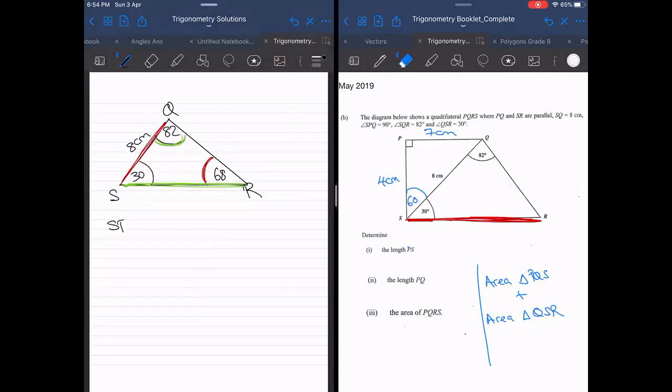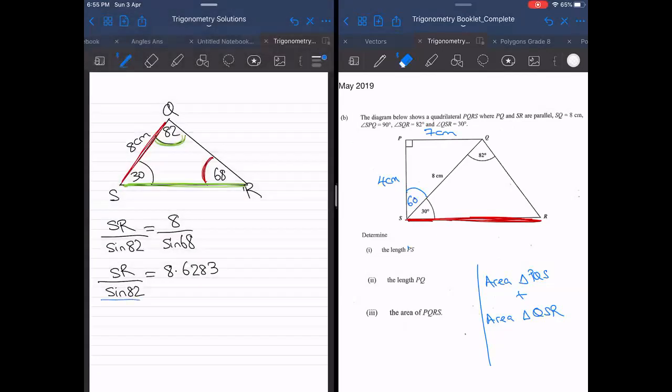All right, so essentially it's going to be SR over sine 82 is equal to 8 over sine 68. So 8 divided by sine 68 is 8.6283.